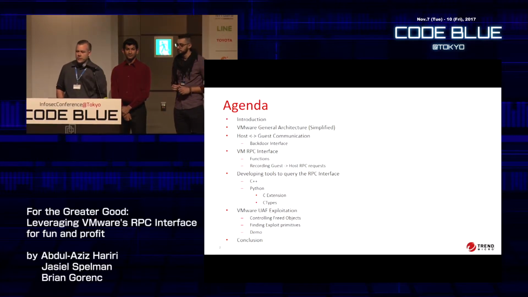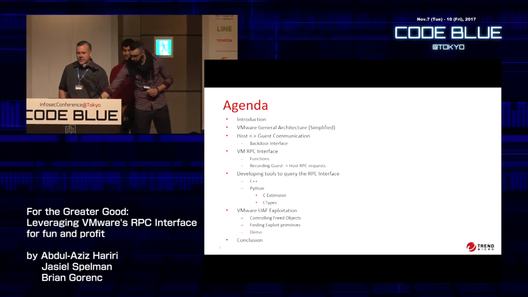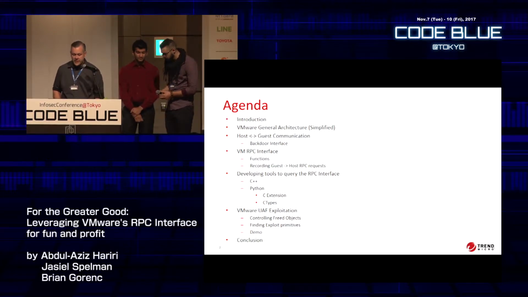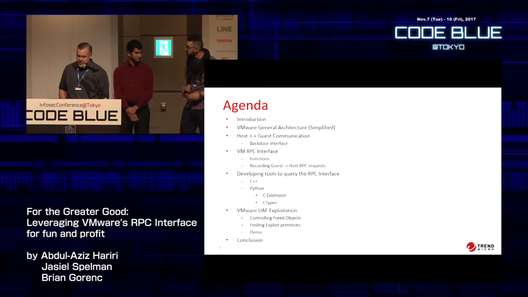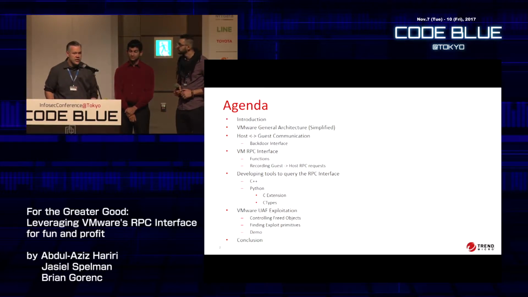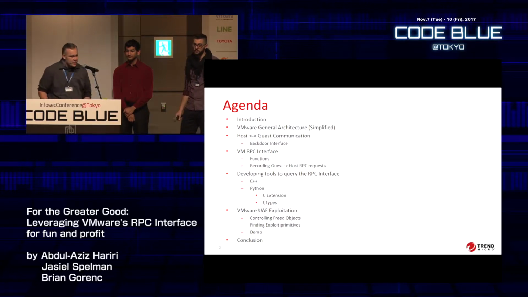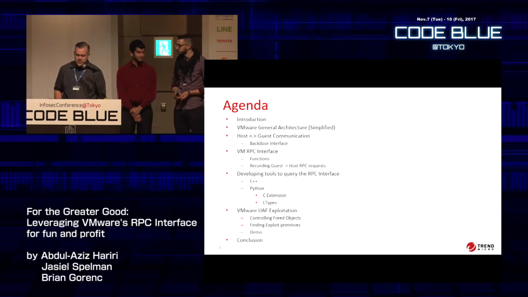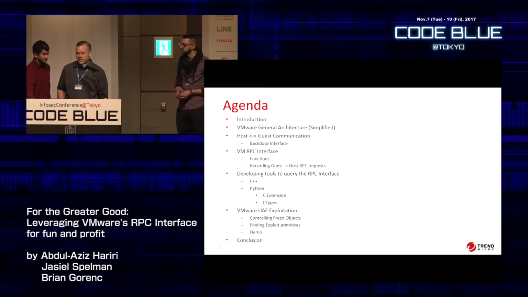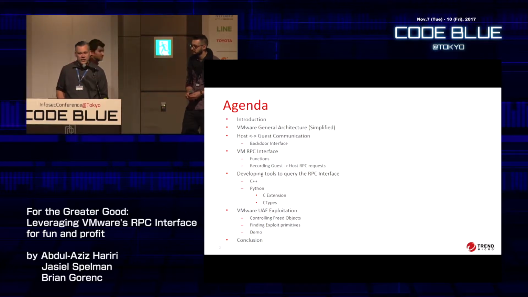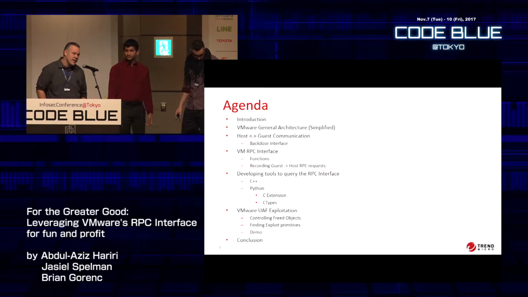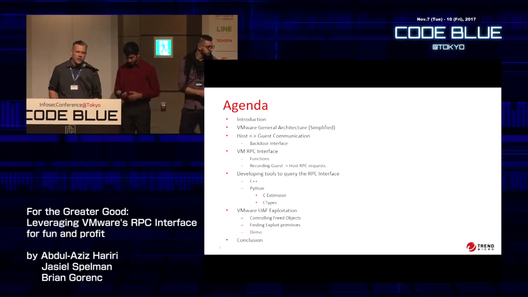We are going to go over the VMware RPC, or Remote Procedure Call interface, talk about how it functions, and how you go about actually triggering some of these RPC calls using your own code and by developing tools in C and C++ and Python. We're going to go over a little bit of how you would fuzz the RPC interfaces to find bugs, and then go over the art of exploitation of some of these vulnerabilities that exist in the RPC interface.